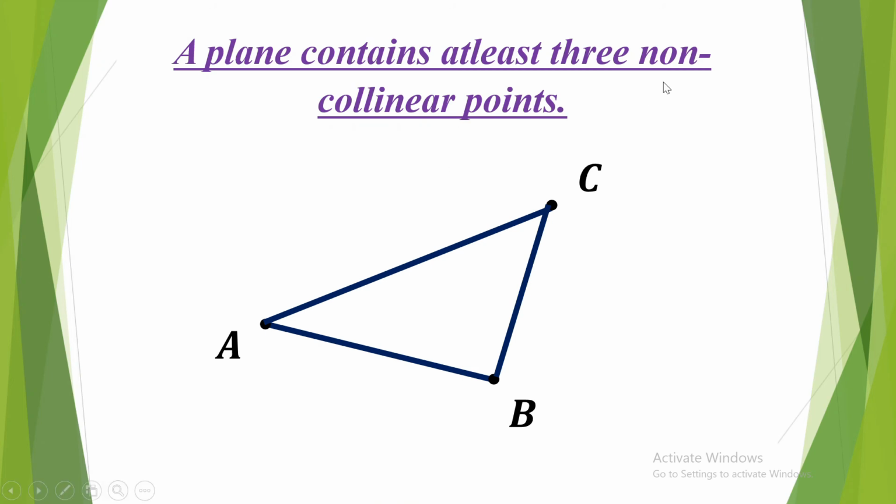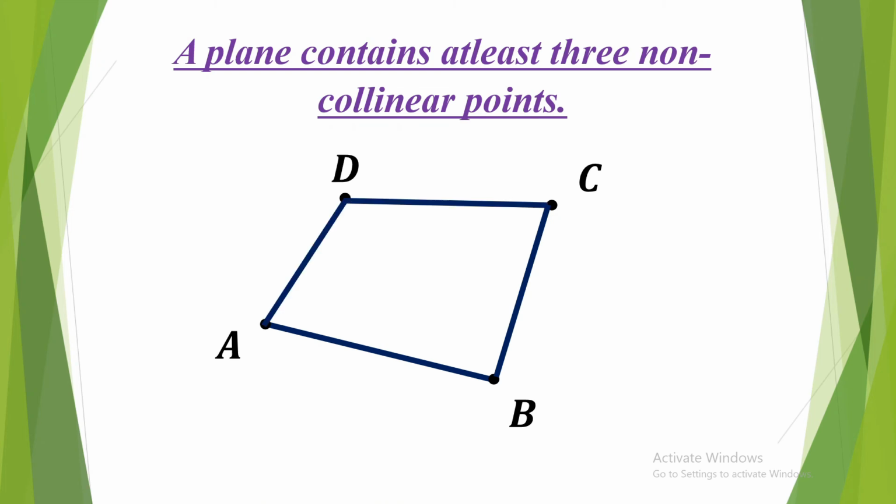So, at least three non-collinear points, we have made a plane. But you can also use three or more non-collinear points, like this one. We have point D. So we have another plane, A, B, C, D.